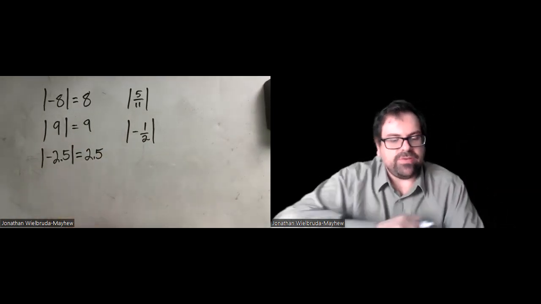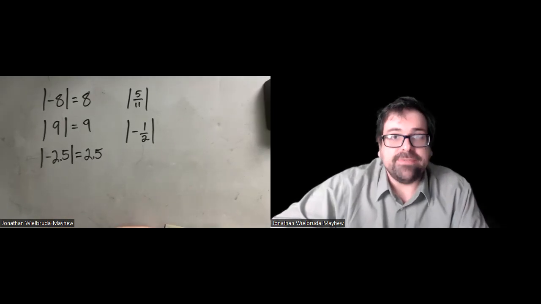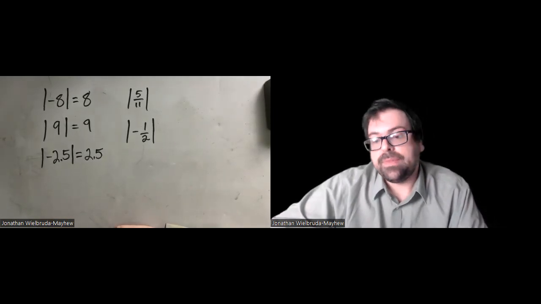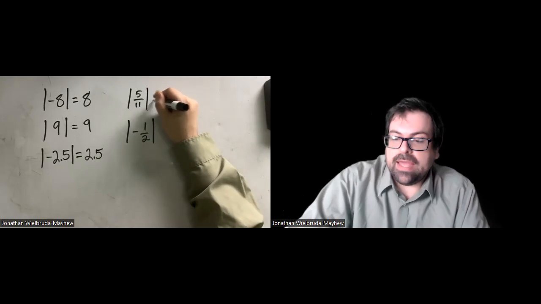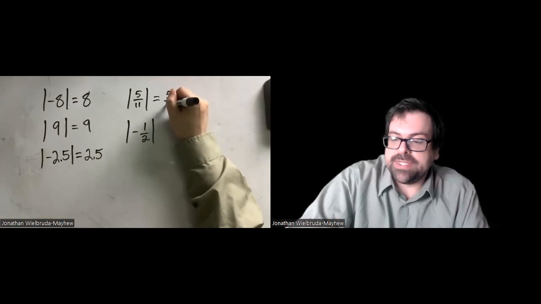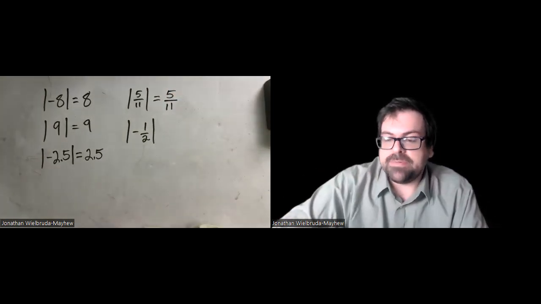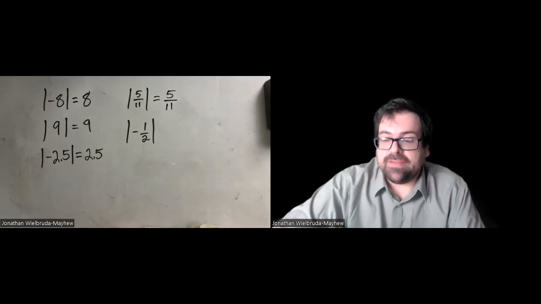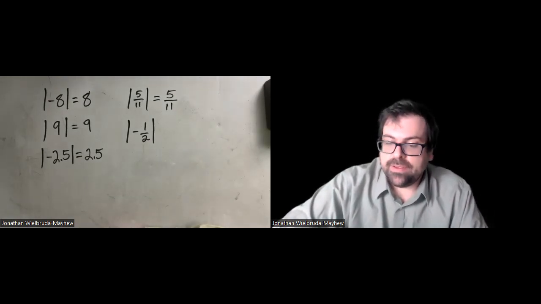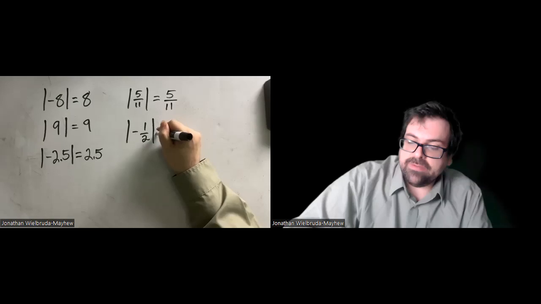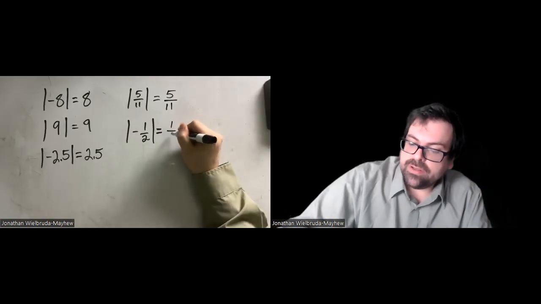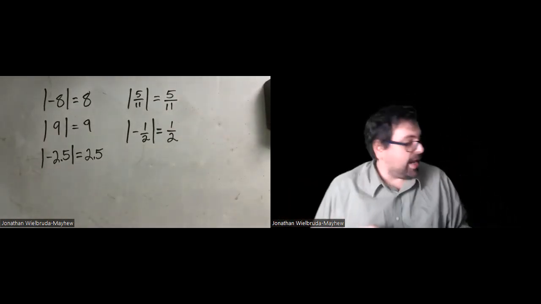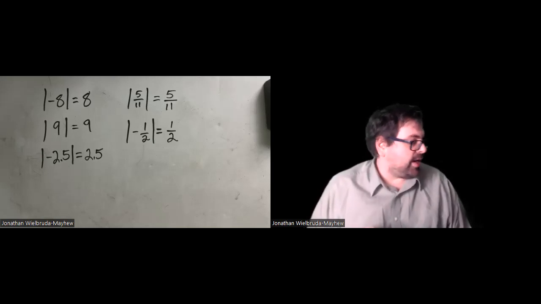The absolute value of -2.5 is +2.5. Absolute value of a positive number is itself. Absolute value of 5/11 is 5/11. The absolute value of a negative number is the positive version. The absolute value of -1/2 is +1/2.